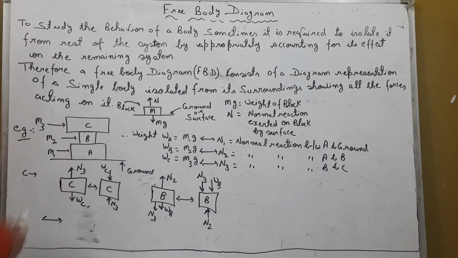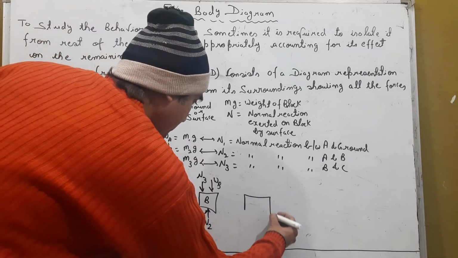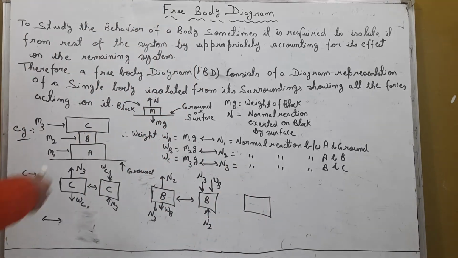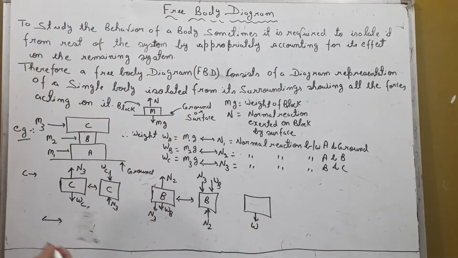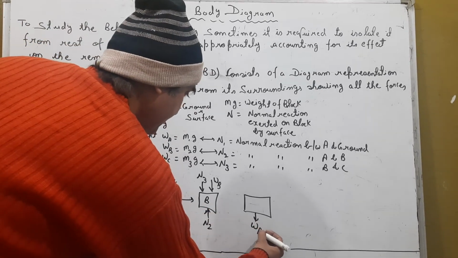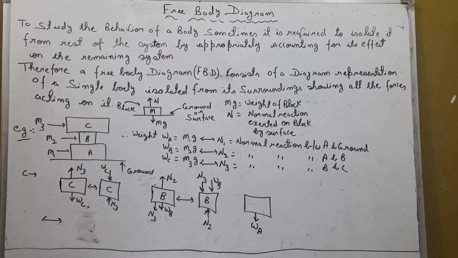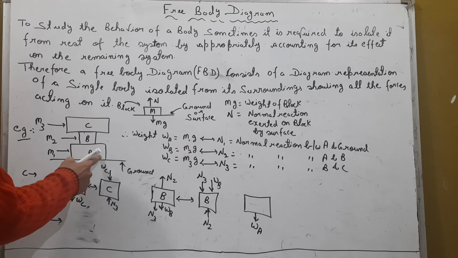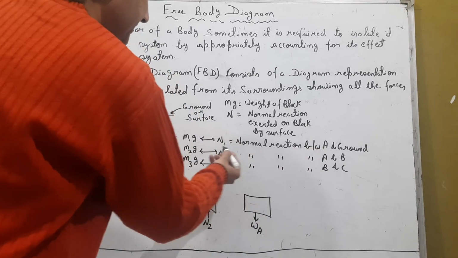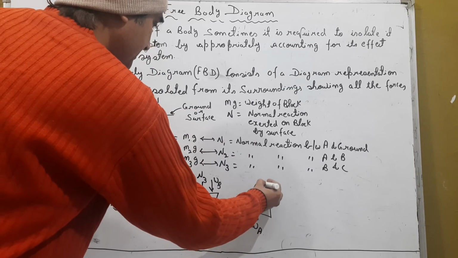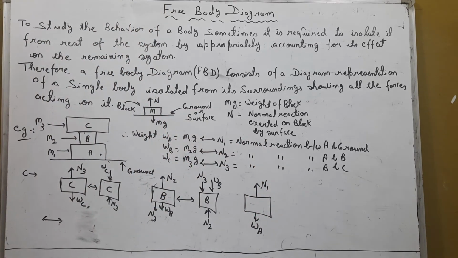Now I will switch to block A. For this particular block A, what are the forces working on it? First is WA, the weight of this particular block. And its normal reaction between the ground and block A is N1. So the normal reaction force working on this block is N1.